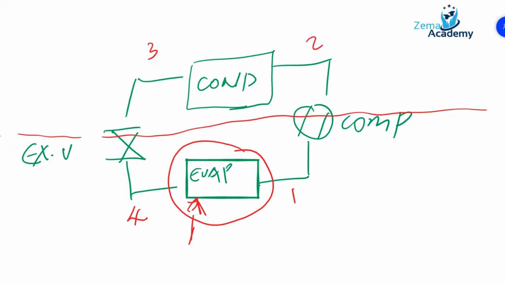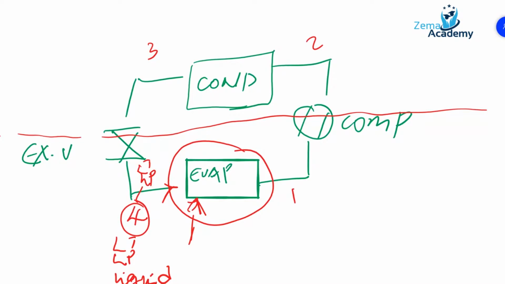At point number 4, we start with a low temperature and low pressure liquid going into the evaporator. As it travels through the heat exchanger, the refrigerant boils. The advantage of a refrigerant is that it boils at a very low temperature.